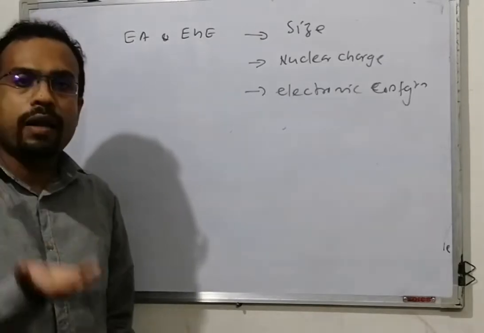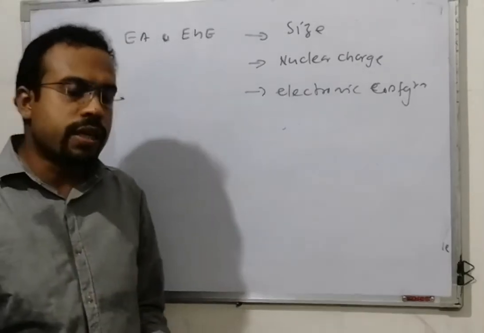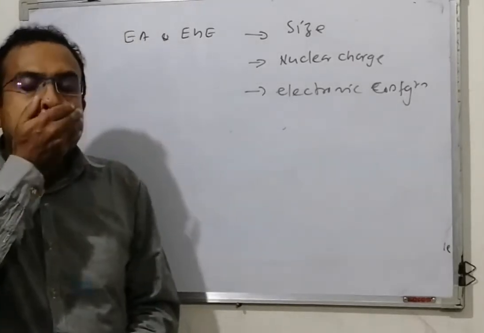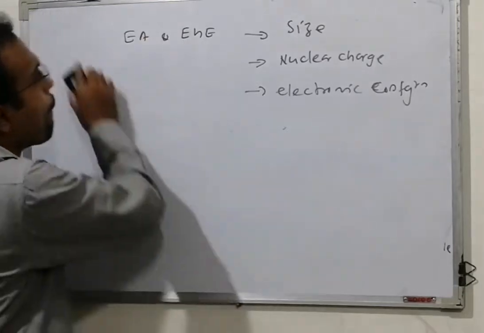Arrange the following elements in the increasing order of electronegativity or decreasing order of electronegativity. To answer, you should have a technique. I am going to that technique.